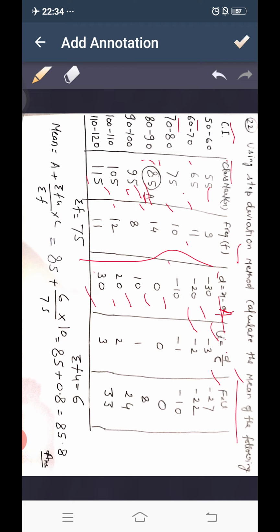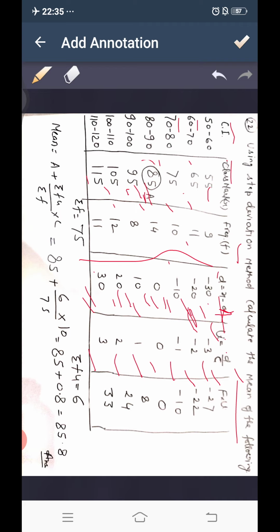So we divide all D's by 10. So minus 30 divided by 10, minus 3. Minus 20 divided by 10, minus 2. Minus 10 divided by 10, minus 1. 0 divided by 10, 0. 10 divided by 10, 1. 20 divided by 10, 2. 30 divided by 10, 3. So we have got now U.